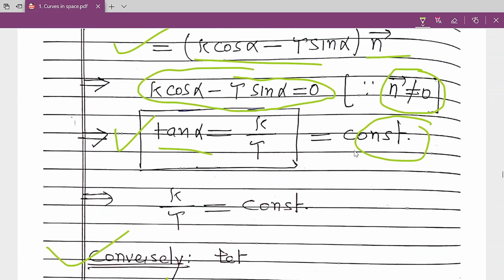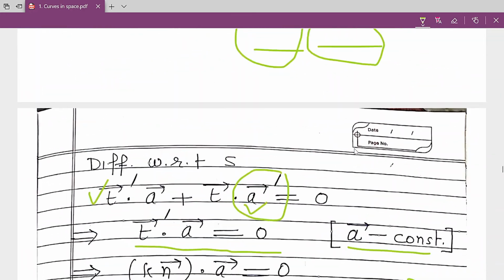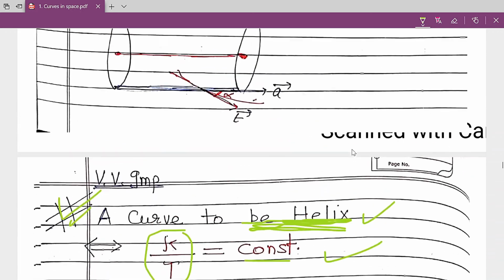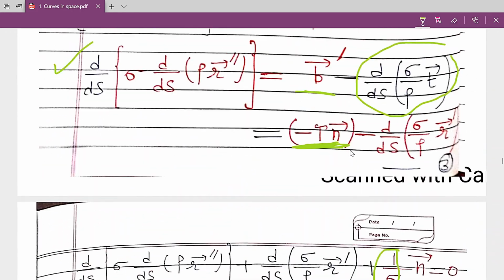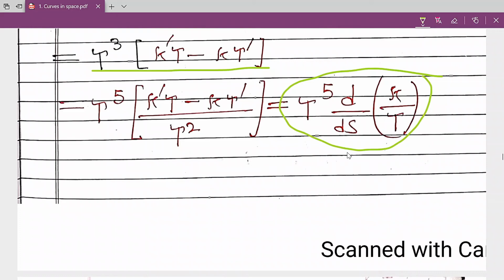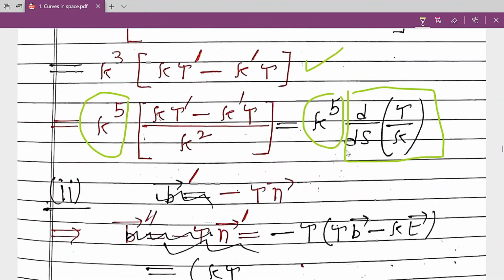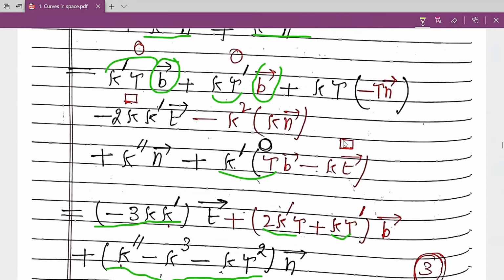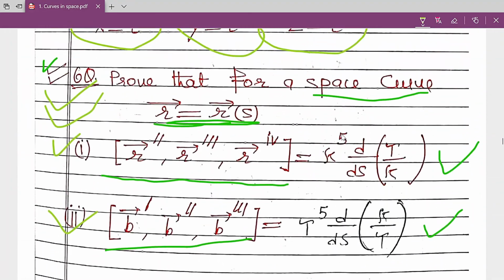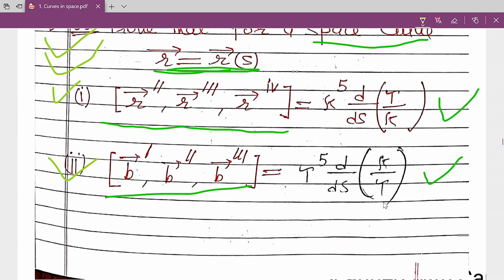Now go to the previous result. If kappa by tau is constant, then its derivative is 0. So here we get a relation between the triple product and the derivative. If kappa by tau is constant, then this derivative is 0, so this term will be 0. Similarly, tau by kappa is constant, so this value is 0, so this term is 0.